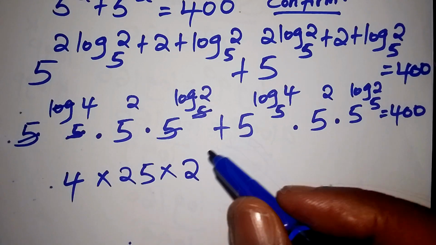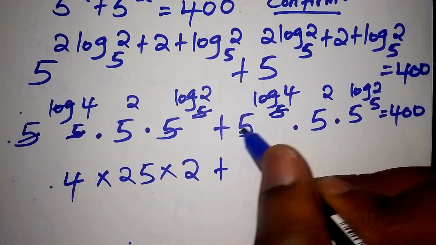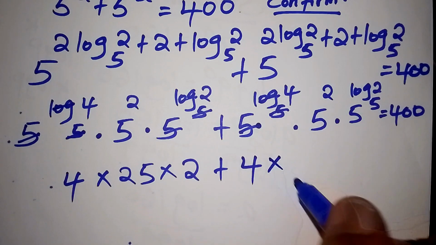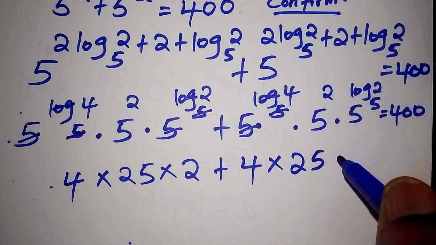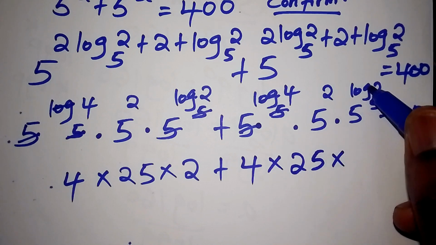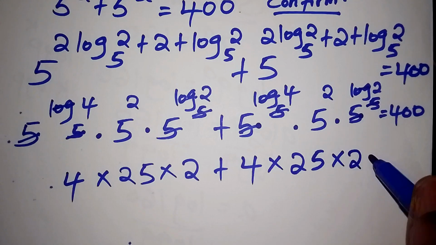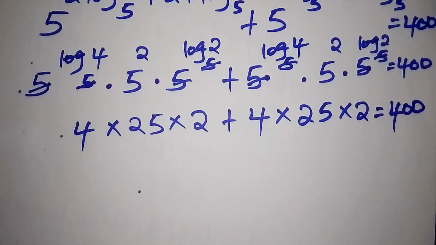Then from there we shall have plus, so the log to the base of 5 shall cancel this 5, so now we shall have 4, then multiplied by 5 to the power of 2 which is 25, then also multiplied by, so the log to the base of 5 shall cancel this 5, 2, is equal to 400. So let's now prove if it is correct.